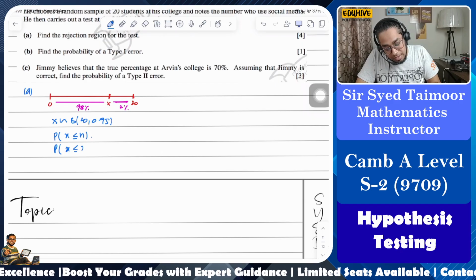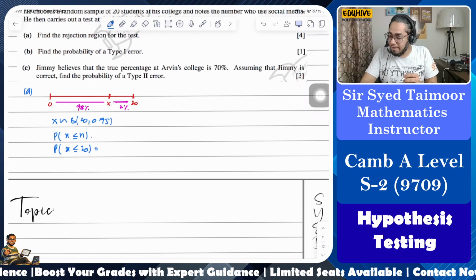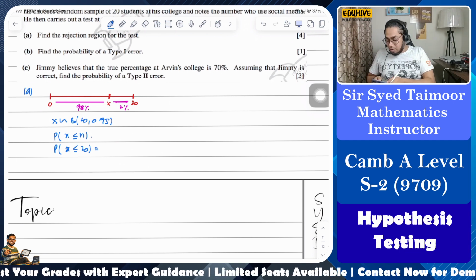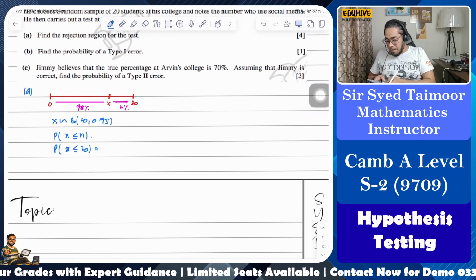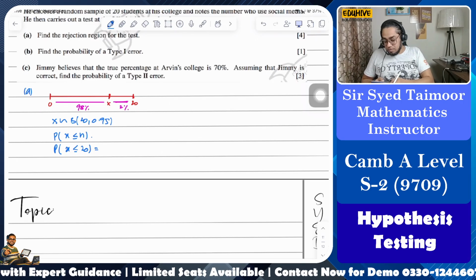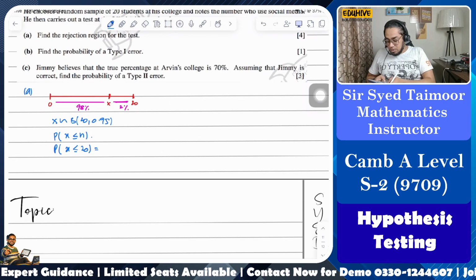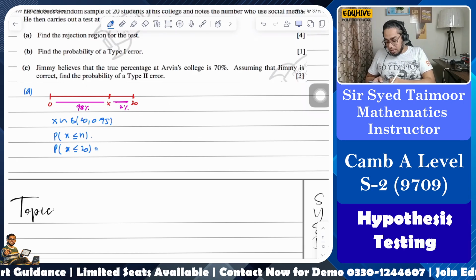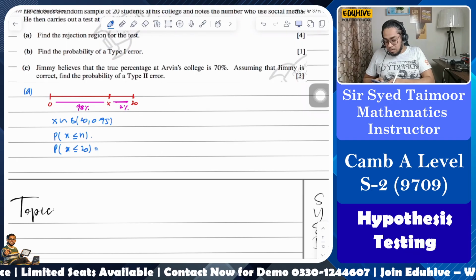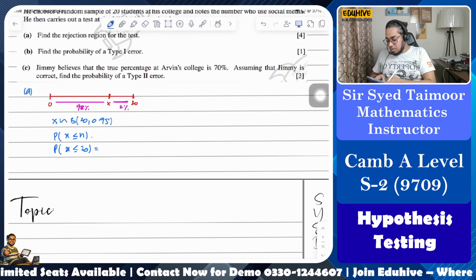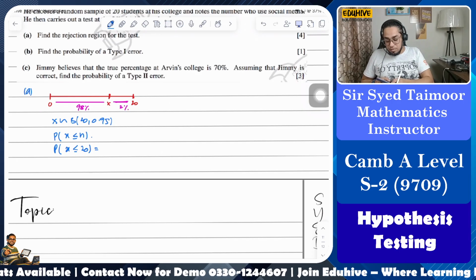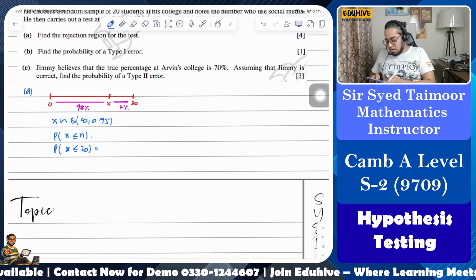X less than or equal to 20. So make the formula in your calculator first: 20 C x, 0.95 to the power of x, and the failure is 0.05 to the power of 20 minus x.